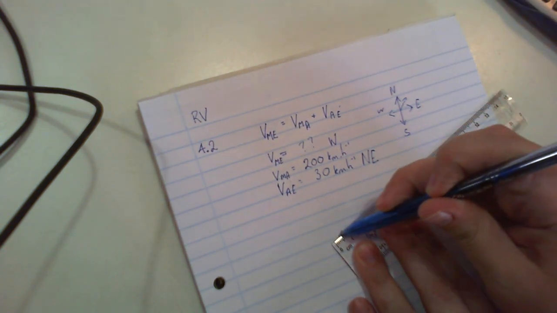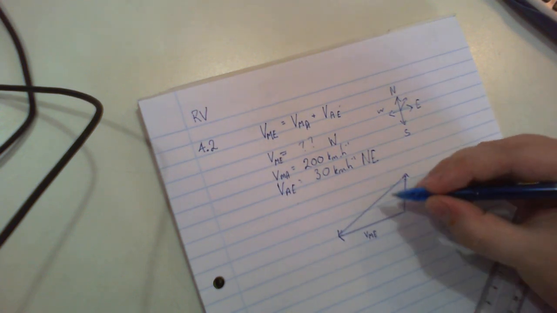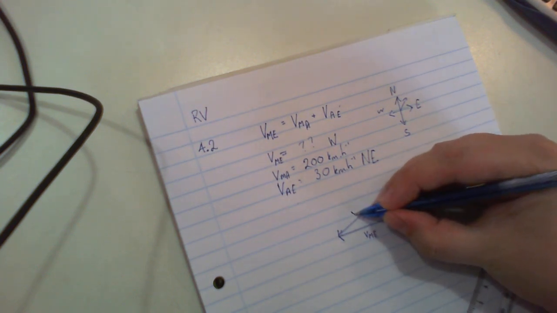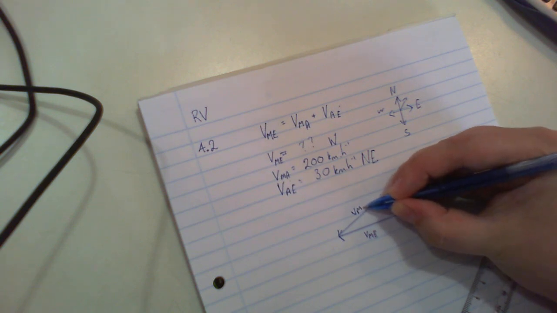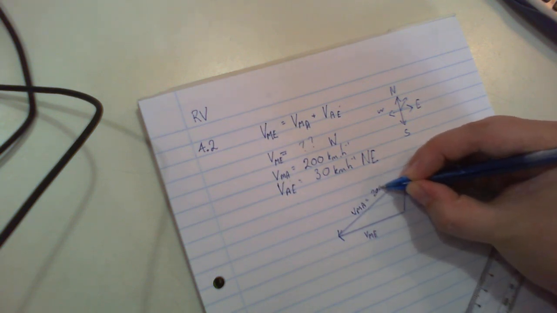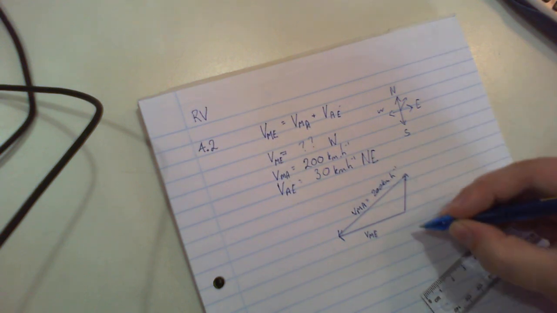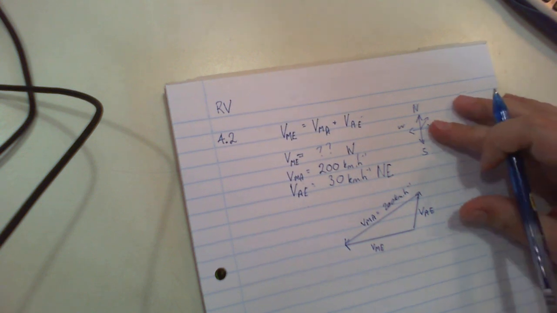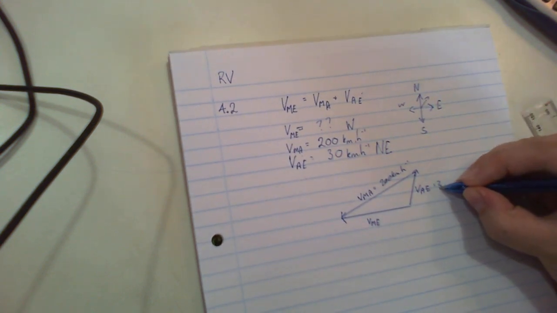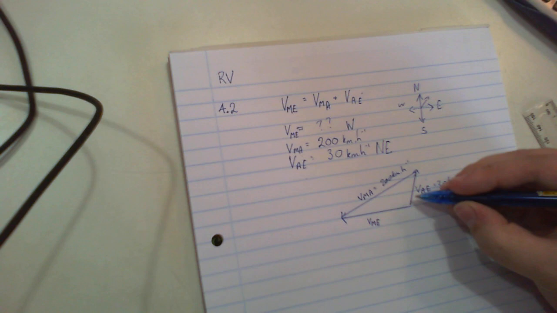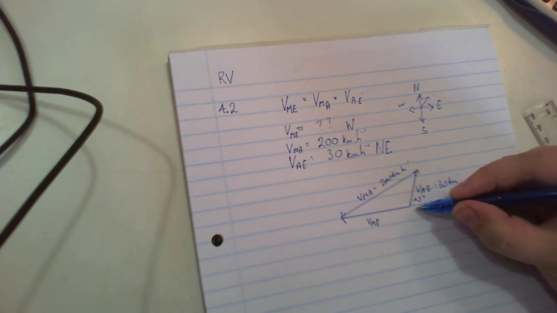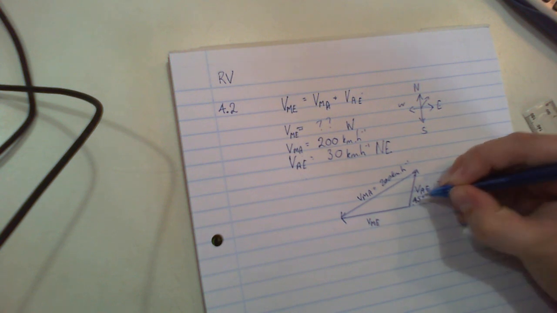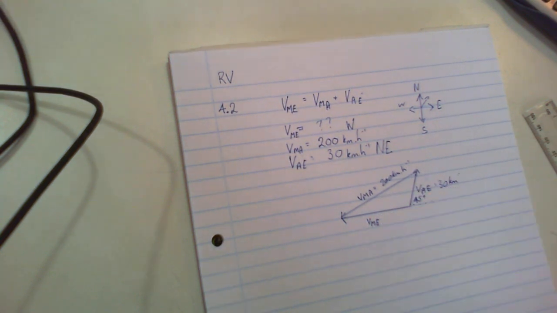No, we don't, but we know that we need to make a triangle, and we know the size. So this is velocity of M relative to A, which is 200 kilometers per hour. This is the velocity of A relative to the earth, which is 30 kilometers per hour. Okay, this angle here is 45 degrees. Do we need to label that? No, not specifically. This is just for reference because we need it in a second. And that's just velocity of M relative to the earth. Perfect.